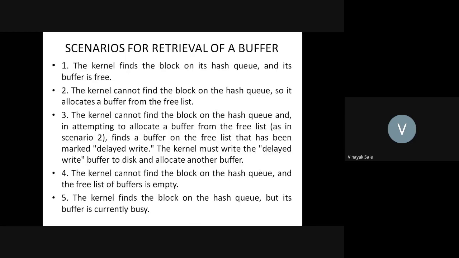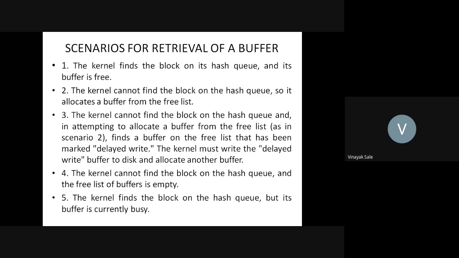So there are five different scenarios. First, the kernel finds the block on the hash queue and its buffer is free. If the kernel wants a particular block on that hash queue and that buffer is free, this is the first scenario.